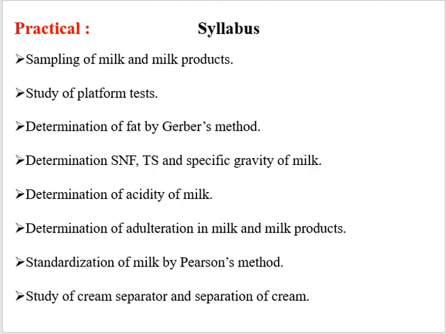Determination of fat present in milk is done by the Gerber method. Gerber was a Zurich scientist, and this method is used for the determination of fat in milk with the help of a butyrometer. The materials required are concentrated H2SO4, 1 ml amyl alcohol, and 10 ml milk.